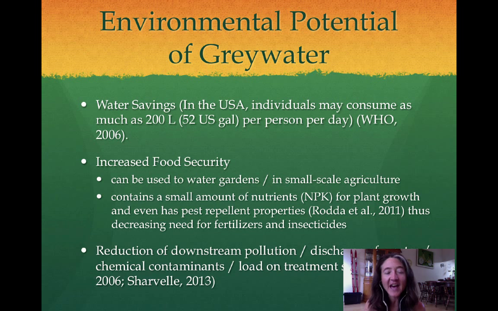But if you think about that in US gallons, that's 52 US gallons per person per day. If you add that up over the course of a 365 day year, we can talk about that as being 19,000 gallons per year per person. If you think about a household, we might be talking about on the order of 50,000 gallons per year. So this can be the single largest way to save water.